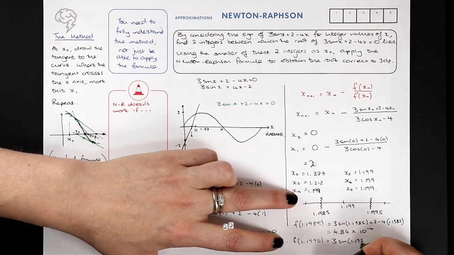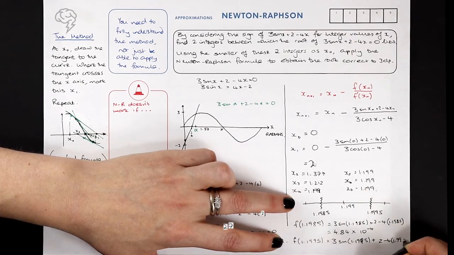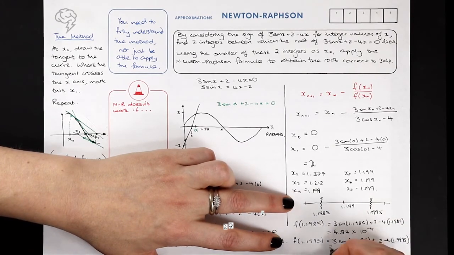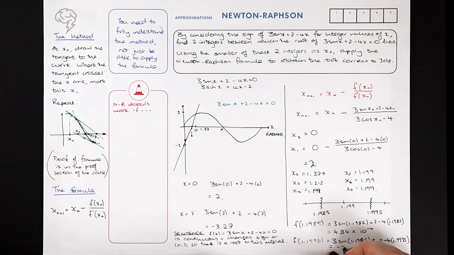Don't just write down a number off the calculator. I want to be able to give you the marks, but I can't if you don't tell me what you're doing and then something goes wrong. This is minus 2.43, according to me. This one is positive, this one is negative, and I haven't got room to write it in here, but we would do the sentence again. The change of sign sentence.